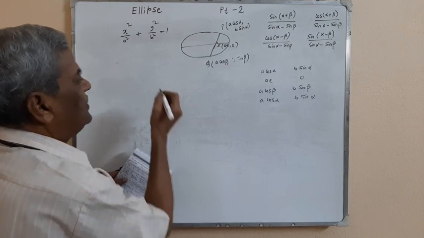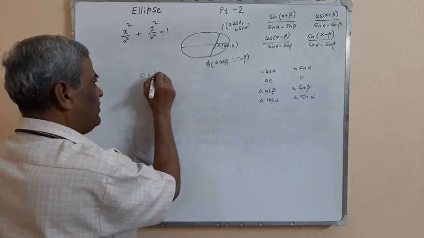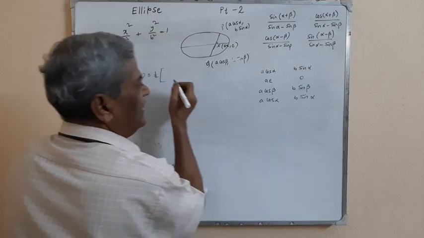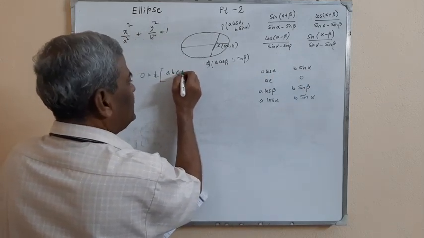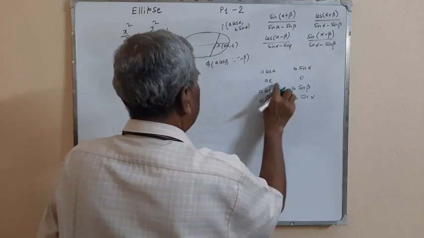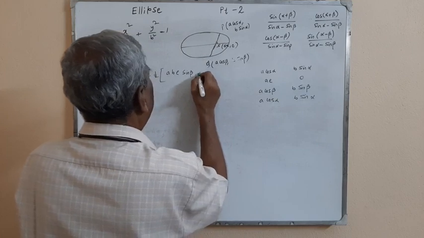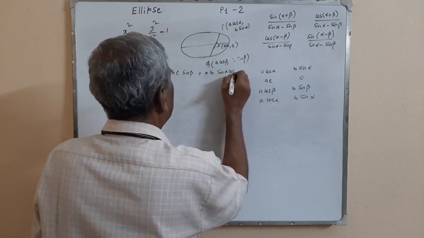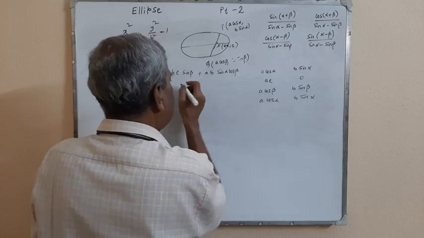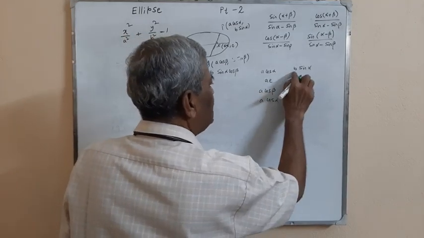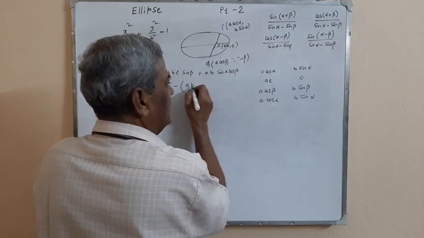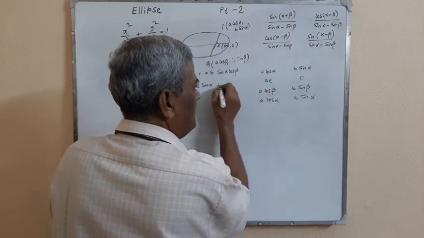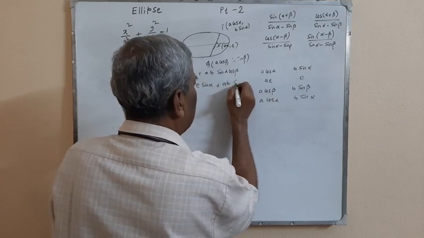Therefore the area of the triangle is 0, means 0 is equal to half of: this into 0, this into that is abe sin beta, this into that, then this into this, ab sin alpha cos beta, minus, now this into that, abe sin alpha, this into that 0, this into this, ab sin beta cos alpha.